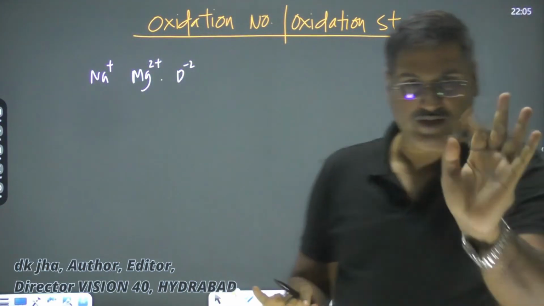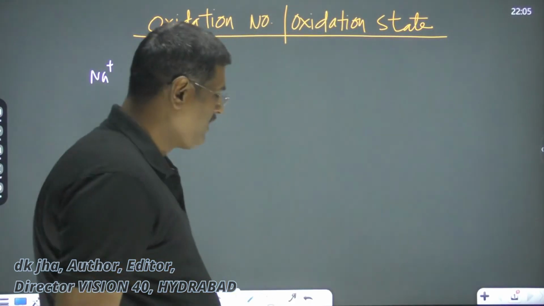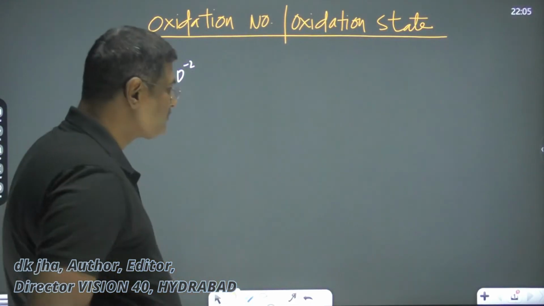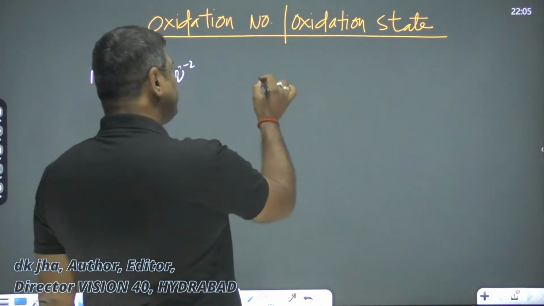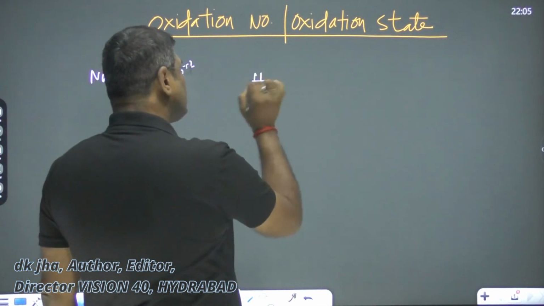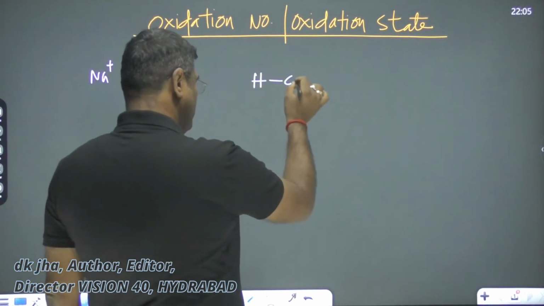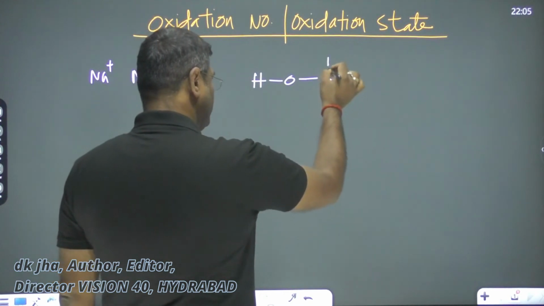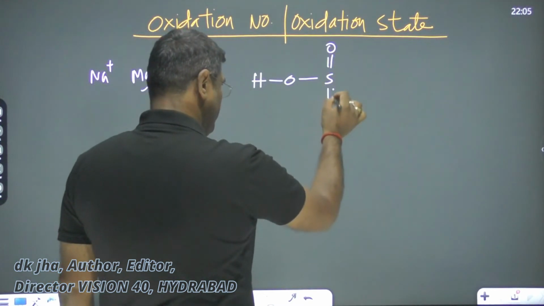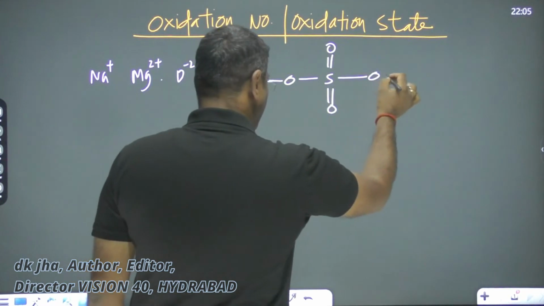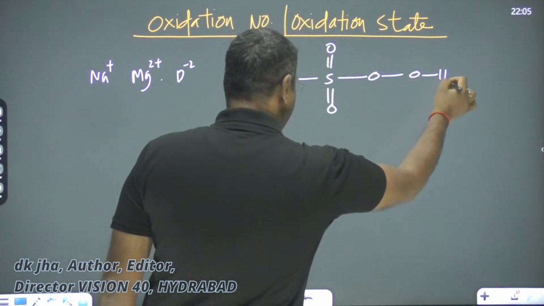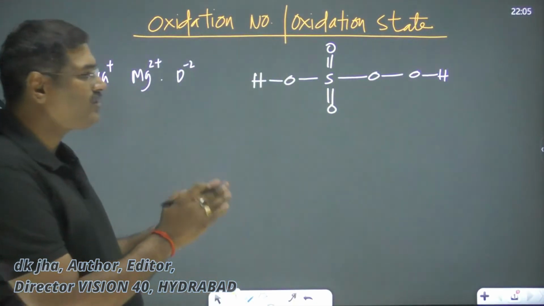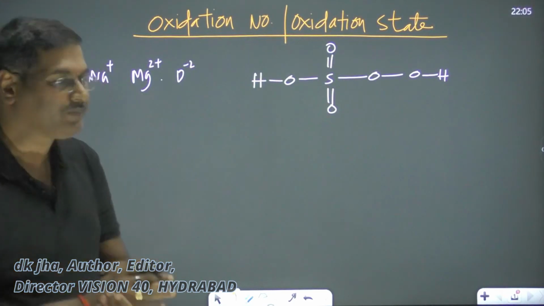I will give one example, and you will understand everything. Here I write H2SO5: H-O-S, double bond O, double bond O, and O-O-H.